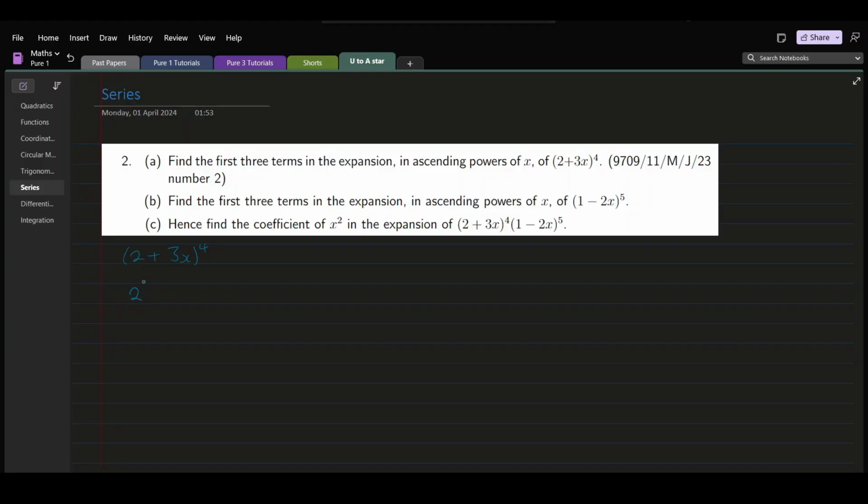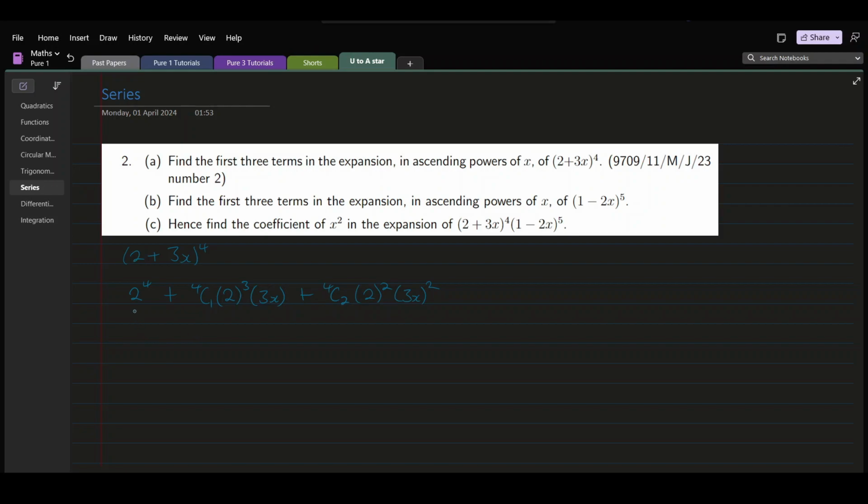So the first term will be 2 to the power n, which is 4, plus the next term is 4 choose 1 times 2 to the power 3 times 3x to the power 1 plus 4 choose 2 times 2 to the power 2 times 3x to the power 2. And these are the first three terms.